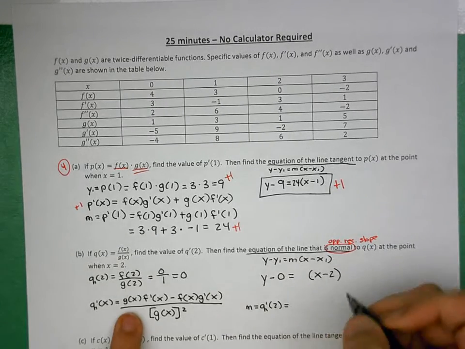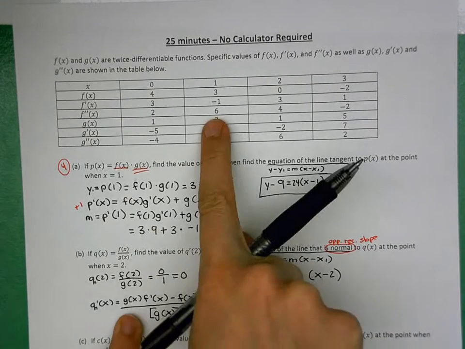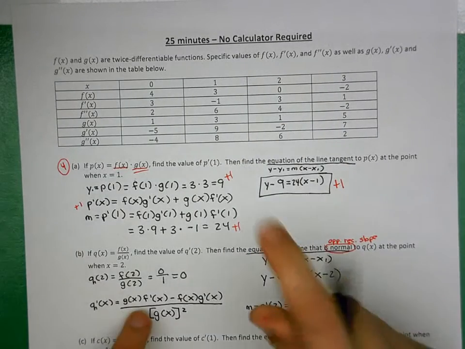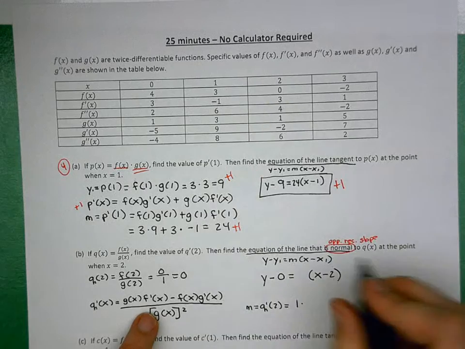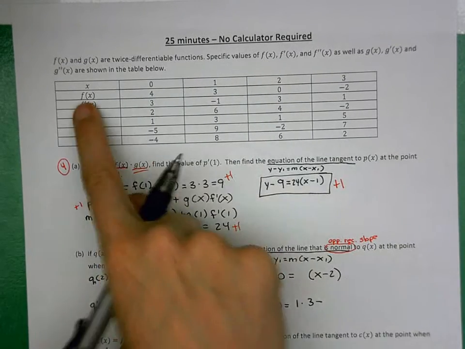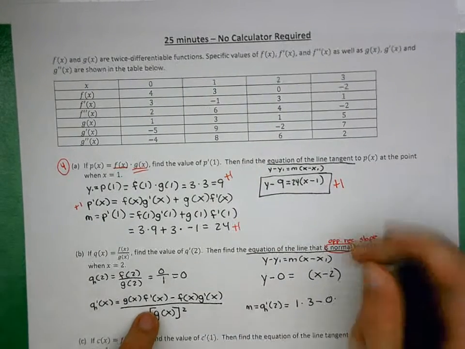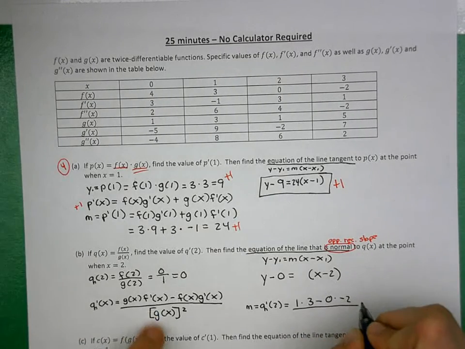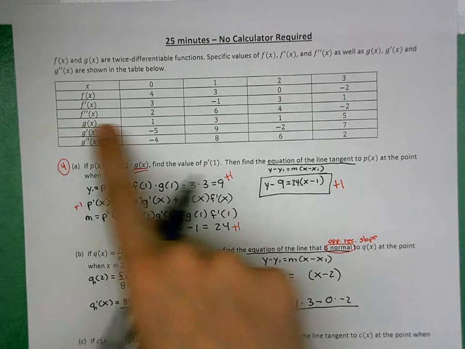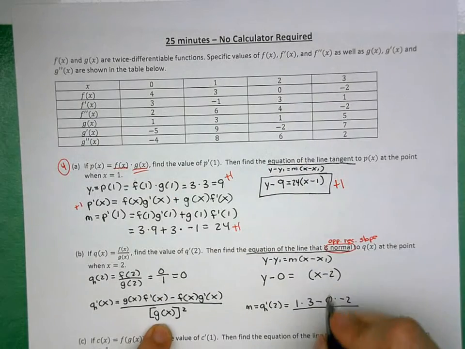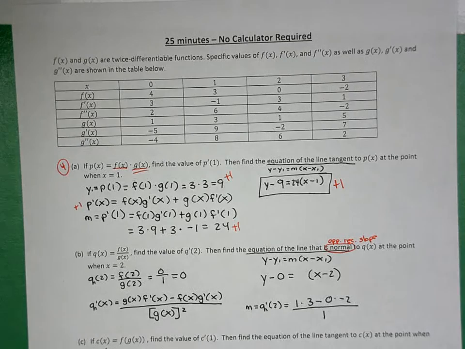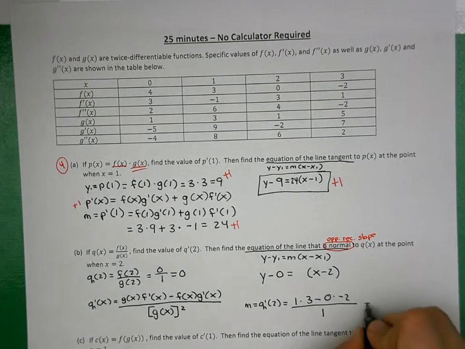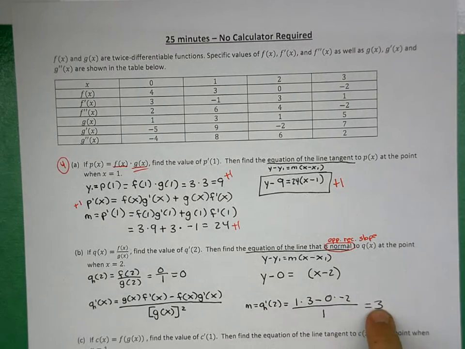So we're looking at g of 2, which is 1, times f prime of 2, which is 3, minus f of 2, which is 0, times g prime of 2, which is negative 2, all over g of 2, which is 1, squared, which is still 1, which is 3 minus 0 over 1, which is just 3, okay?